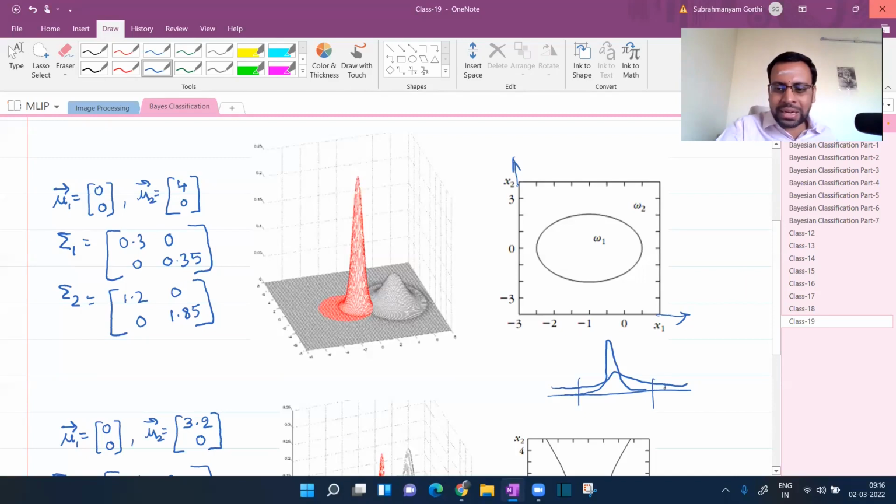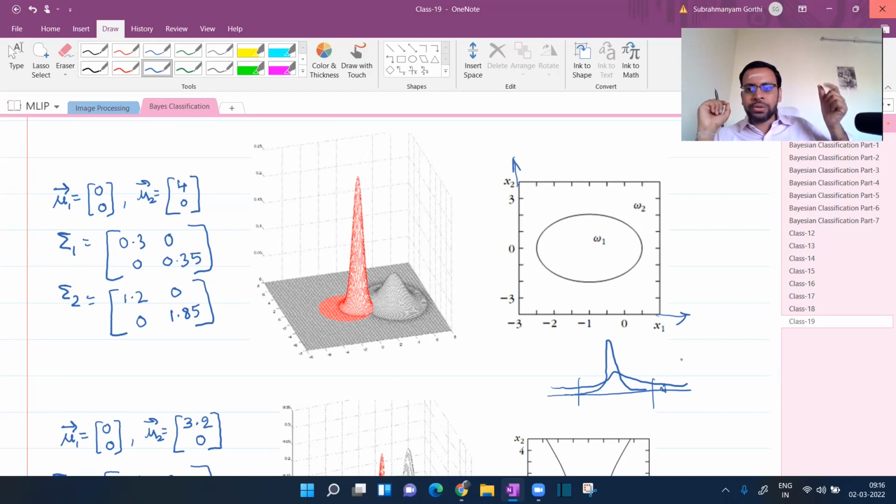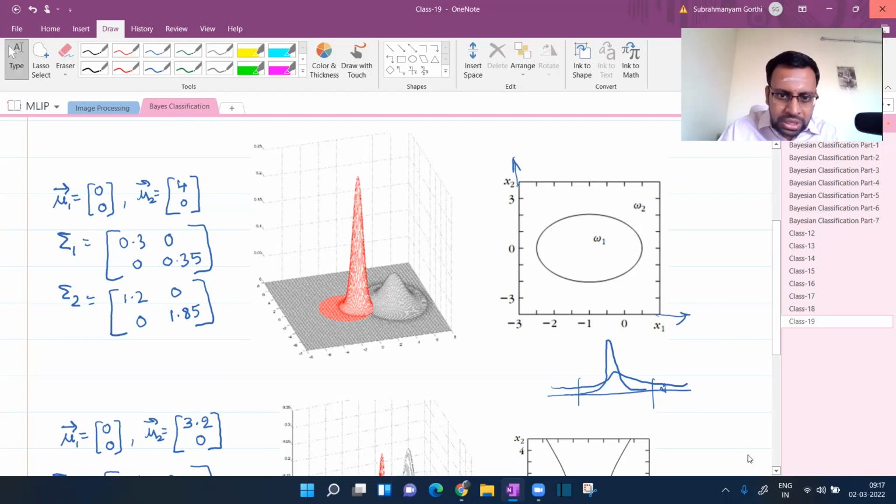And over a large region, going to minus infinity and very far away from the center, the Gaussian which has more variance will have more value for that curve. So on this side this will all be 0, and up to a particular region here, this would be more, right?